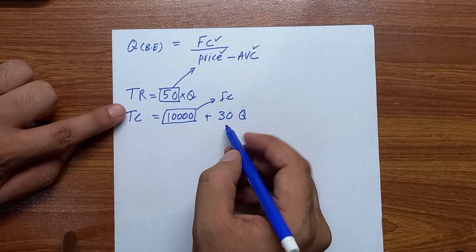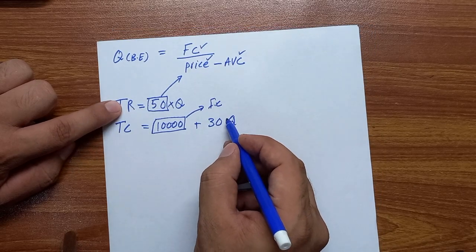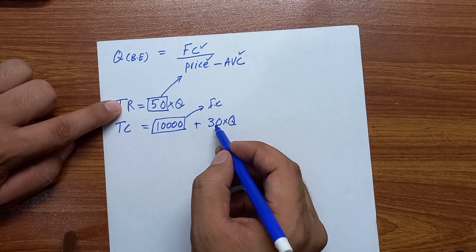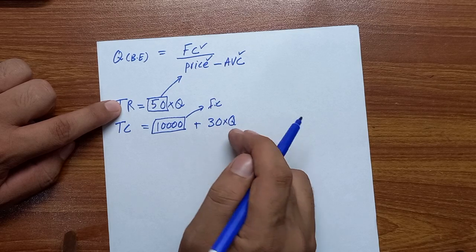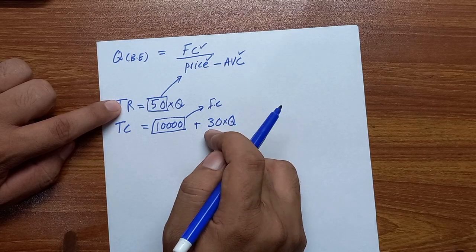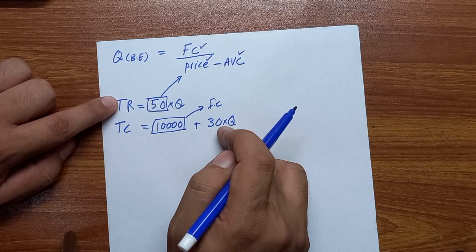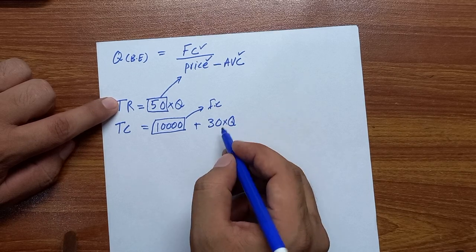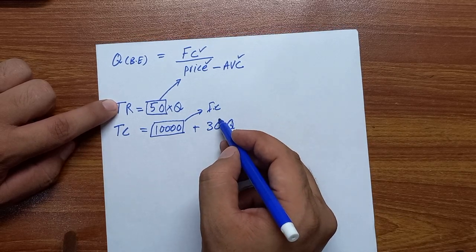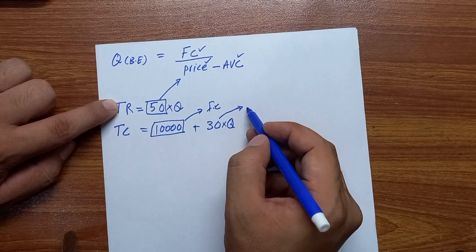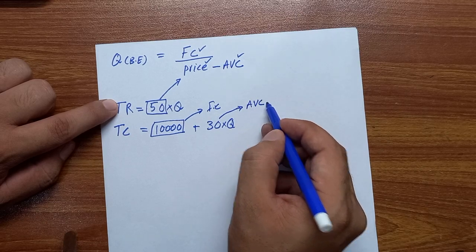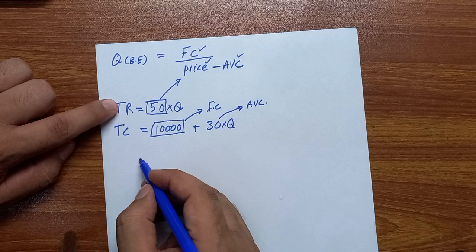In variable cost, average variable cost multiplied by quantity gives total variable cost, so from it we extract the average variable cost. Now put these values in the formula.